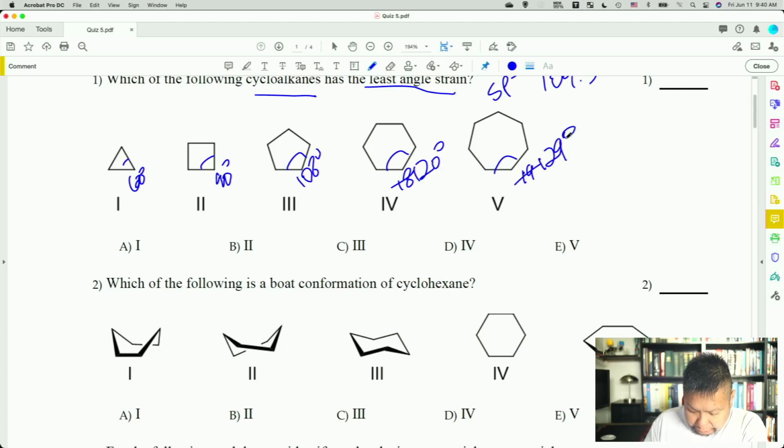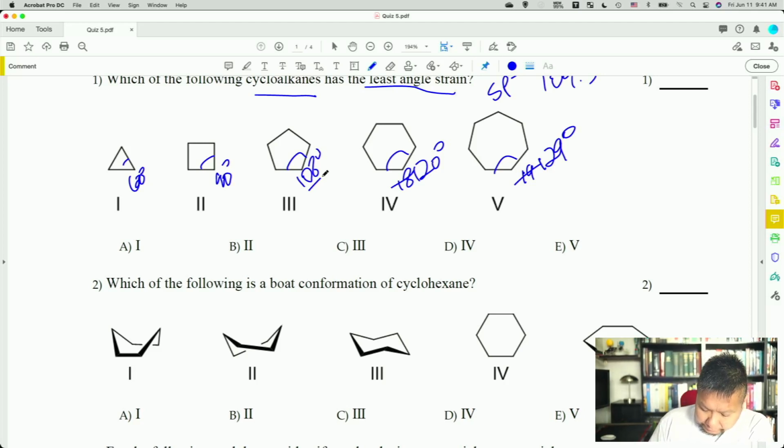cycloheptane. But the thing here is that if you were just to choose based on the numbers as they were, then you would get it wrong because you would choose cyclopentane, because 108 is really close to 109. But remember that these molecules are not flat. They're absolutely not flat. They're bent, contorted, and conformed in such a way that it makes them most optimized in their particular bond angle strain.